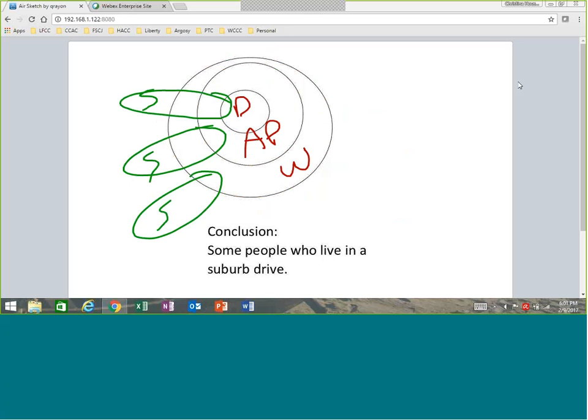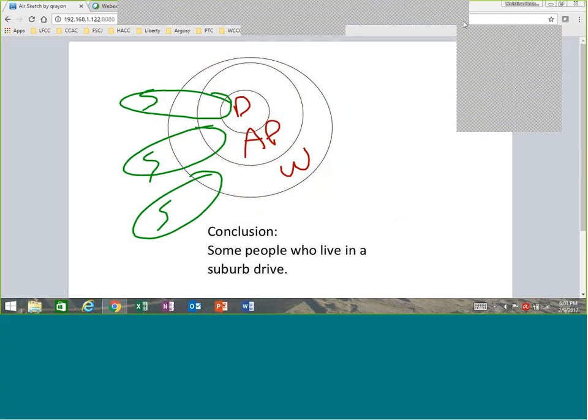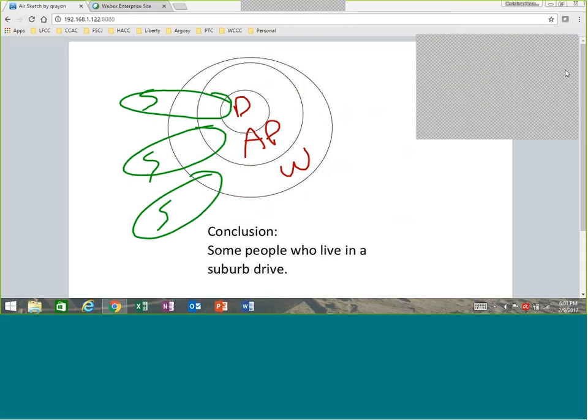Some people who live in a suburb drive. What do you think about that one? Some people who live in a suburb drive. What do you think?